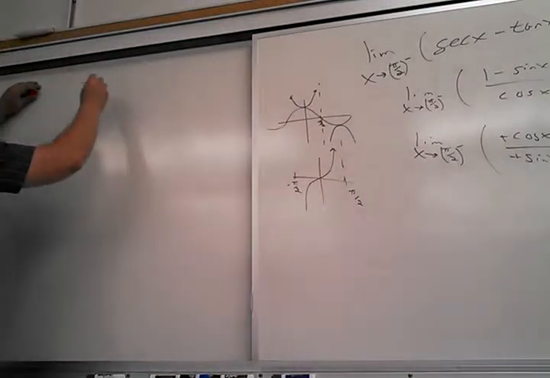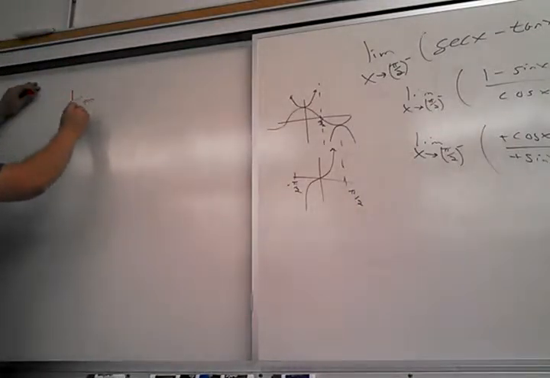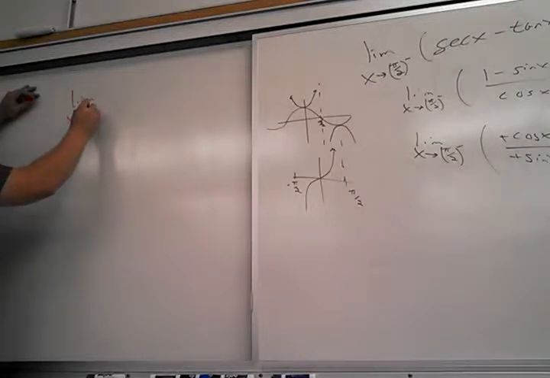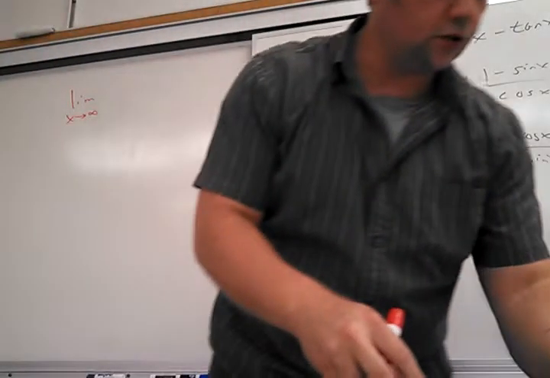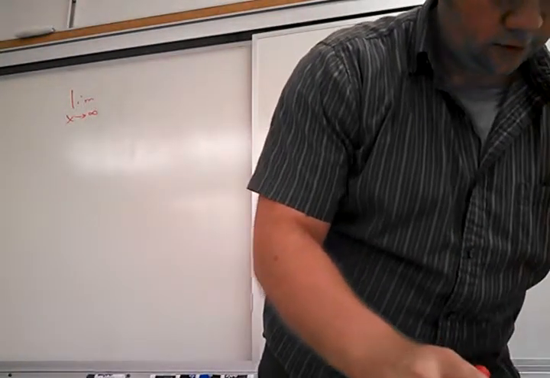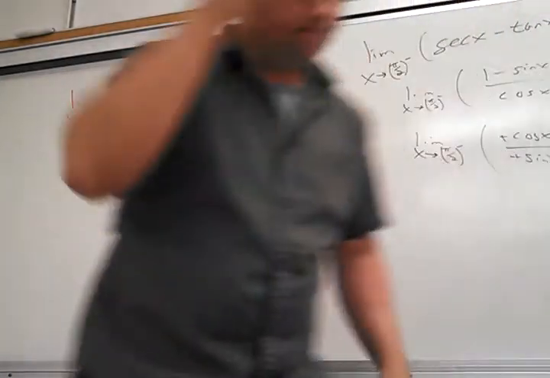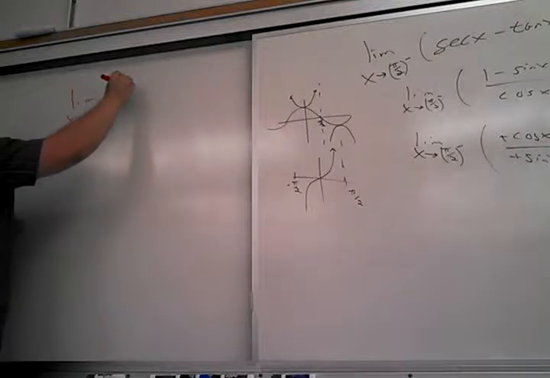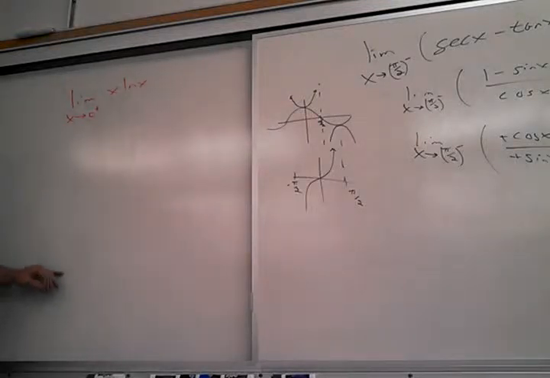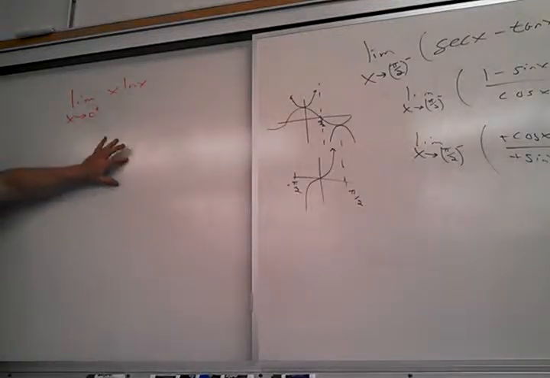One last form. What if I had this thing here? What do you got, Jeff? Okay. Which one do I want to do? Yeah. Let's do that one. Now, what's interesting about this one?